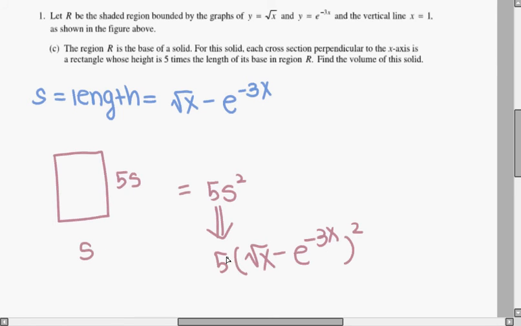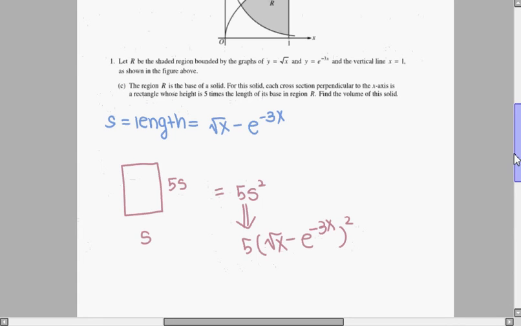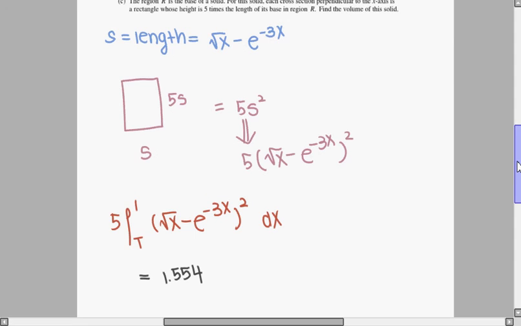And we know s, so it's going to be 5 times (root x minus e to the negative 3x) squared. And now we just have to integrate it to find the volume of the solid by cross sections. So when integrating, we would do 5 integral t to 1 of (root x minus e to the negative 3x) squared dx. And after plugging that into our calculator, we would get 1.554.